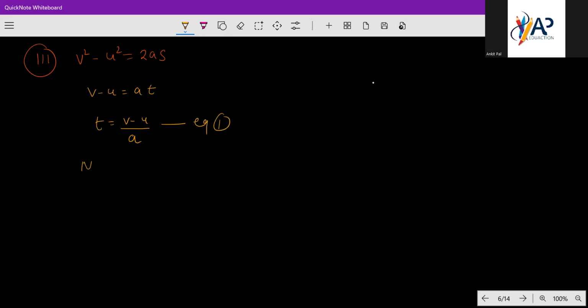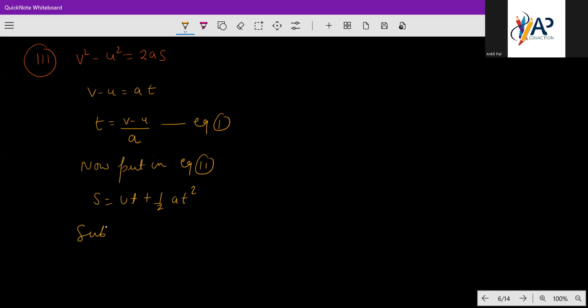Now put it in equation 2, which is s equals to ut plus half at square.